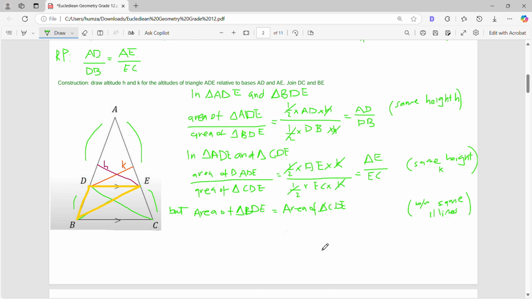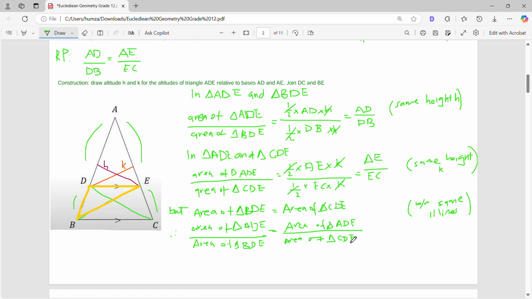So that's why we can say that the area of triangle ADE over the area of triangle BDE is equal to the area of triangle ADE over the area of triangle CDE.